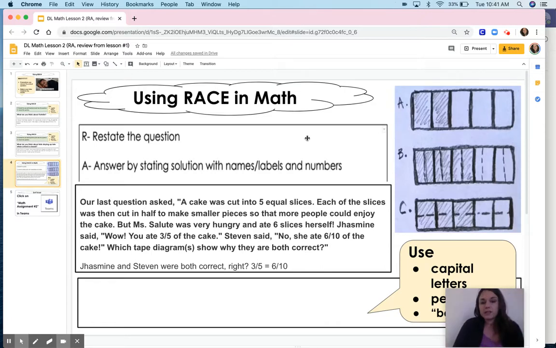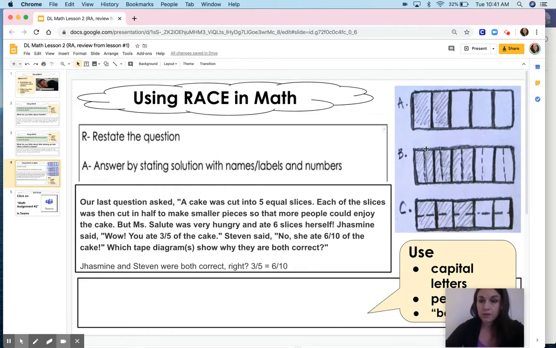They're both correct because 3/5 is equivalent to 6/10. They mean the same thing. There are two tape diagrams that show that. B shows that, and C shows that. So the right answer for assignment number 1 was B and C. Because look, B was originally broken up into 5 vertical pieces, like going up and down.